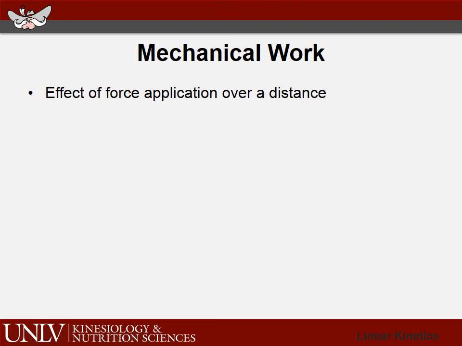So now let's talk about mechanical work, and we call it mechanical work because we're only really worried about the mechanics of it from a biomechanics perspective. It's the effects of force application over a distance, so it's how far an object moves with the force application.